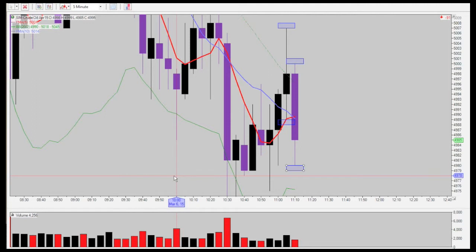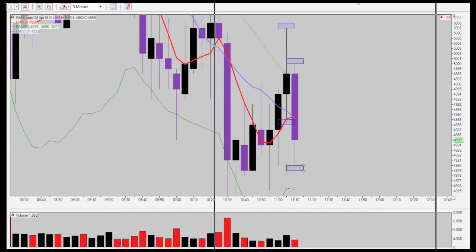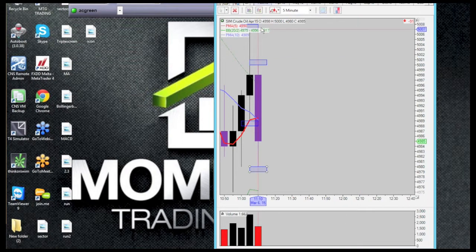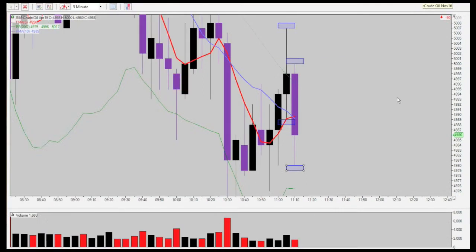Now, the other thing that we want to consider is the midpoint of those candles. So if the low here was 89 and the high here was 07, so we know we have a range from 89. Let's take 5007 minus 4989, 18 points.